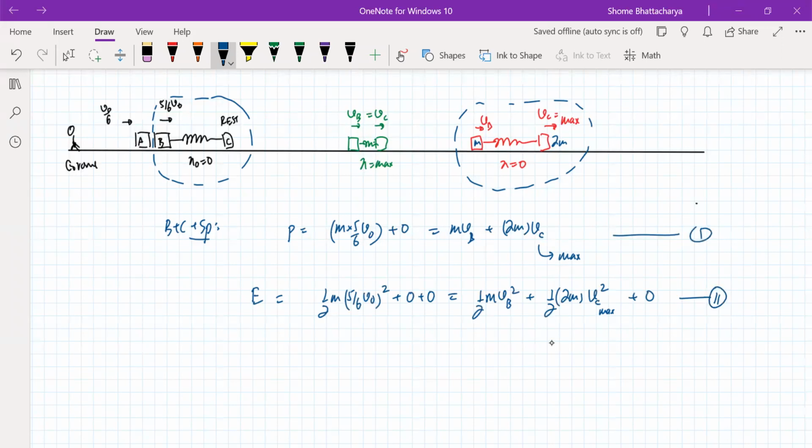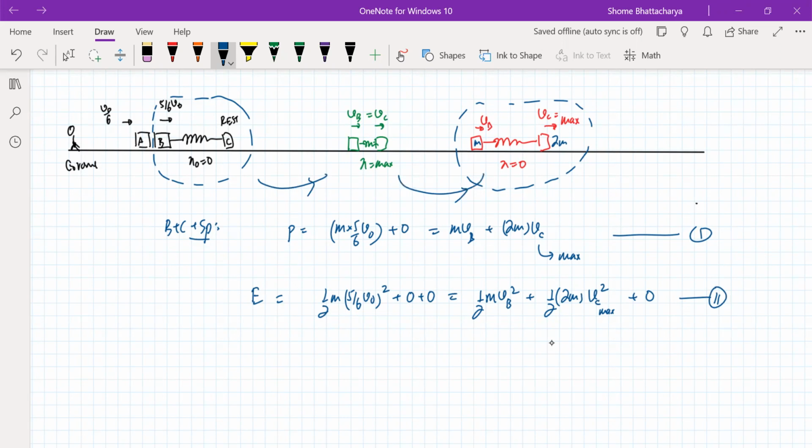It's again a perfectly elastic collision between B and C, isn't it? Again, the spring has played the role of initially storing some potential energy going from here to here, and then again releasing that potential energy.